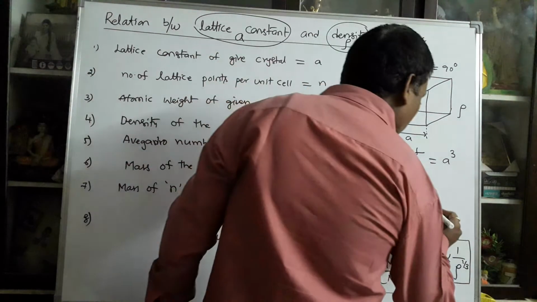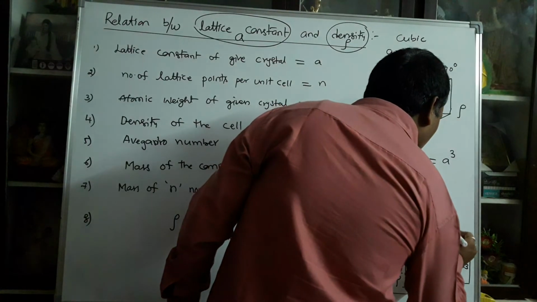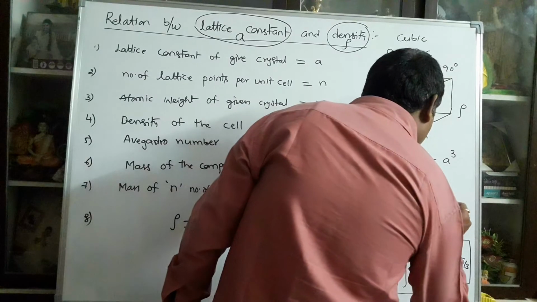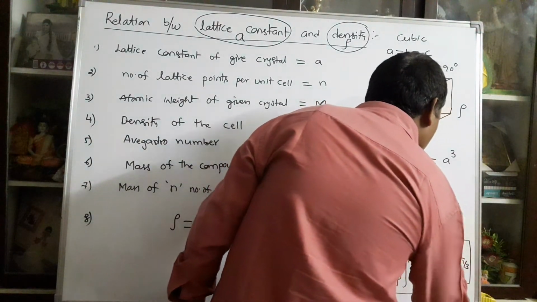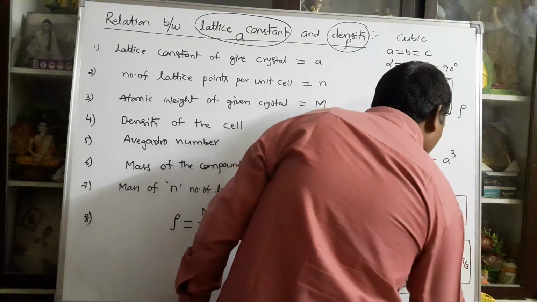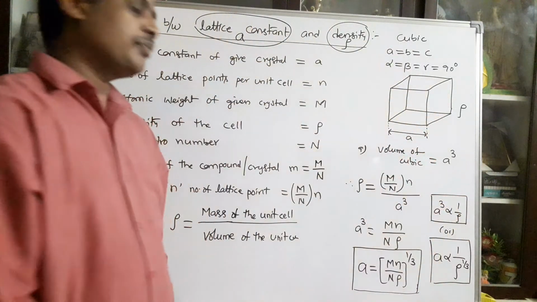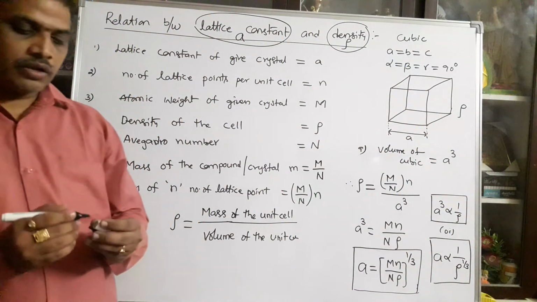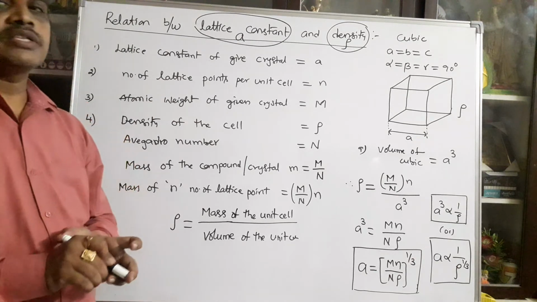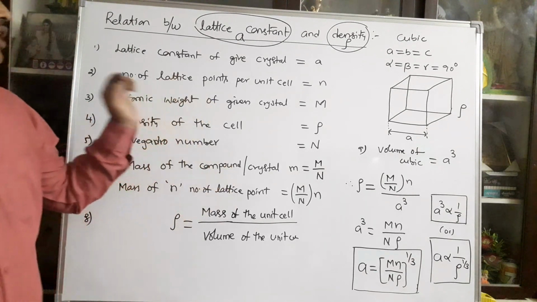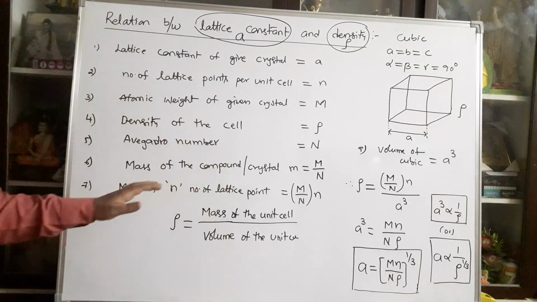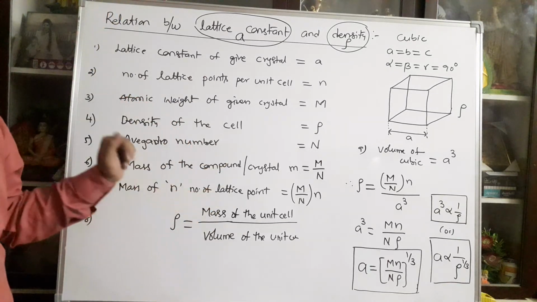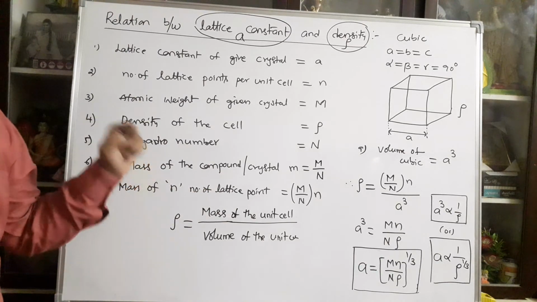Otherwise, a cube is inversely proportional to density, which is also correct. This is the best relation between lattice constant and density, and it is deduced with respect to crystal structure.